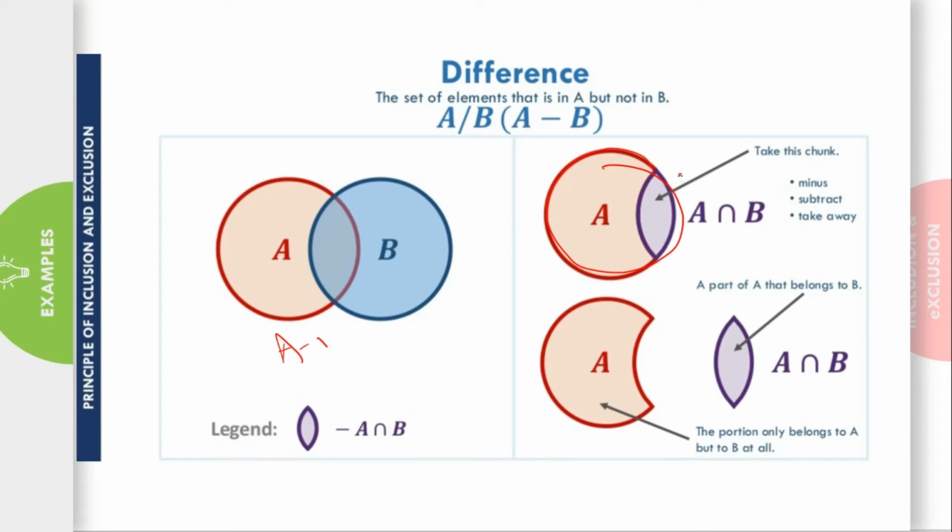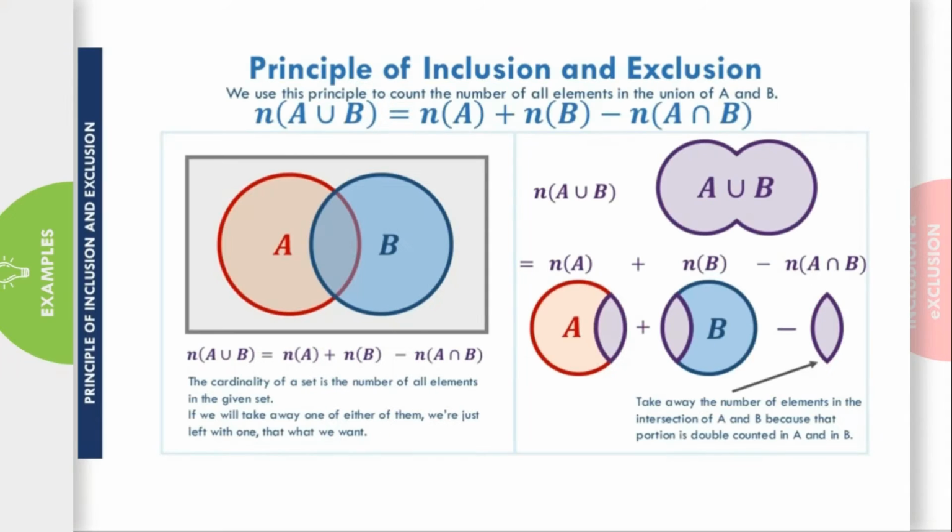This portion is set A minus the elements which are also in set B, which is A intersection B, the common portion between set A and set B. So this can be termed as A minus B, or A minus A intersection B, and this definition allowed us to create the new formula for A union B, which introduced the principle of inclusion and exclusion.